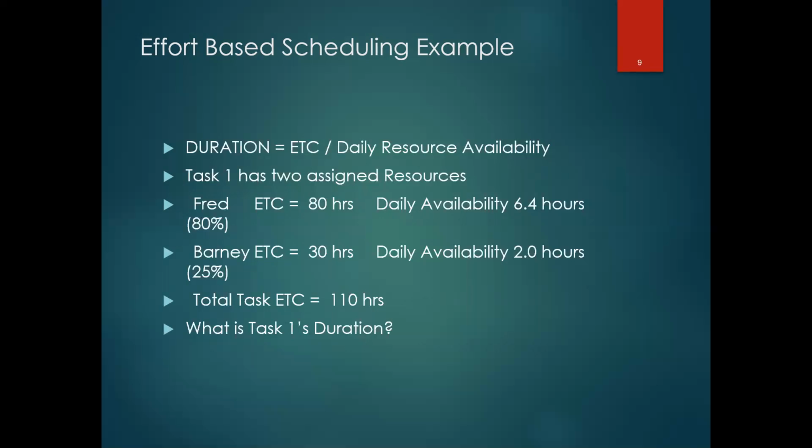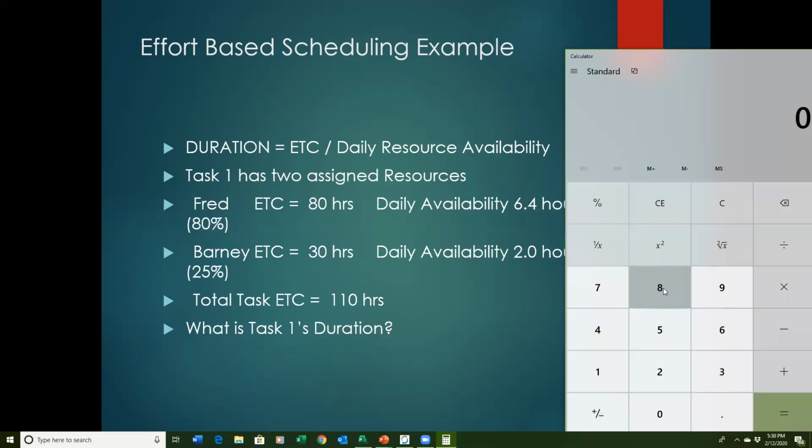Well, if you were to take this and just do a little bit of math, I'm going to try to do it here so you can see it. If I take 80 hours and divide it by 6.4, which is Fred's constraint, you'll see that we're looking at 12 and a half days. You can probably do the math in your head.